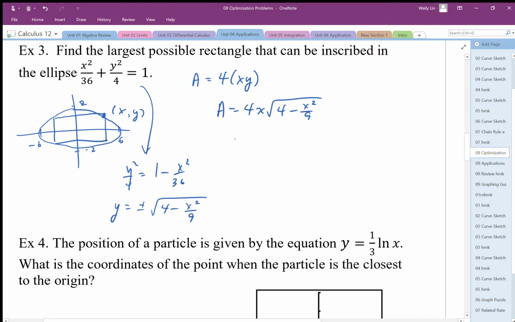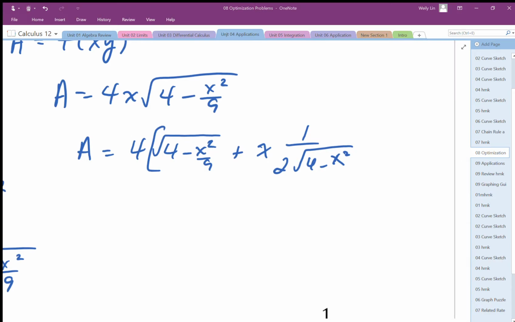So A is equal to, I'm just going to do our product rule, and I'll factor that 4 out. x times 1 over 2 square root of 4 minus x squared over 9, just so you can see that a little bit better, times the derivative of negative x squared over 9, which is going to be negative 2x over 9.